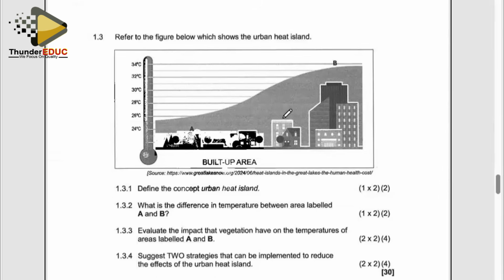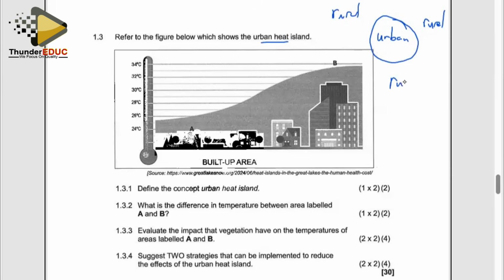Refer to the figure below, which shows the urban heat island. I will basically explain. Then we'll answer the questions. We're talking about an urban heat island. Urban heat island, we are saying this is an urban area and the surrounding is rural.